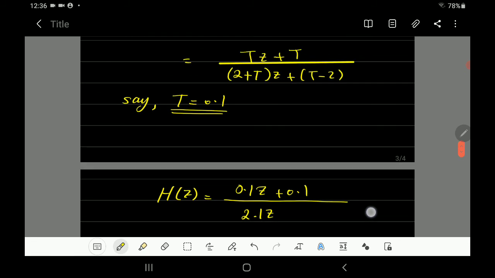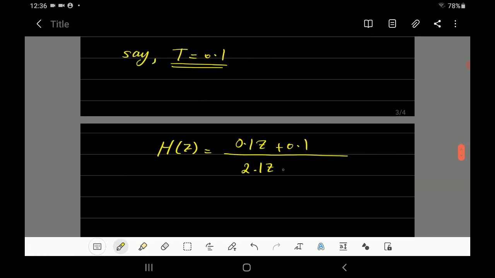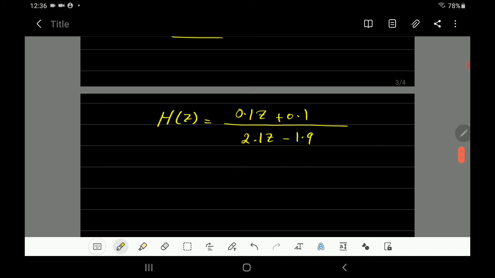In the second term, T minus 2 will be 0.1 minus 2, which is minus 1.9, and that will be your equation.